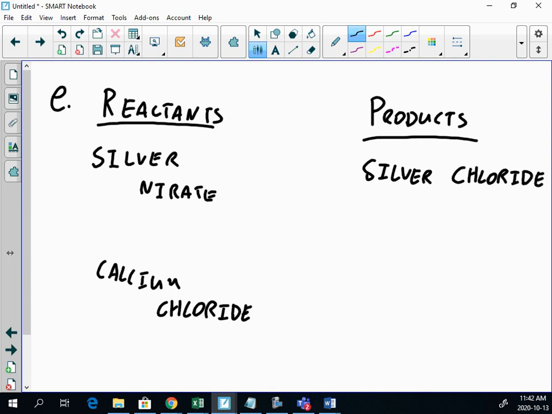I'm kind of left hanging about my second product. But this is a double replacement reaction caused by mixing two ionic compounds. So I should just look to see.